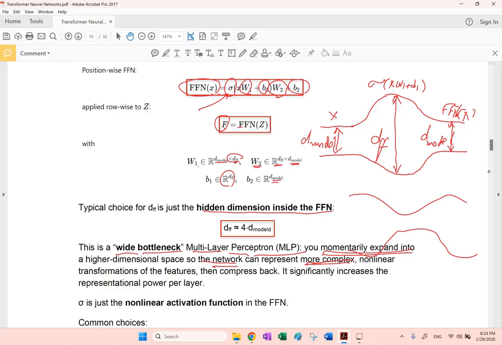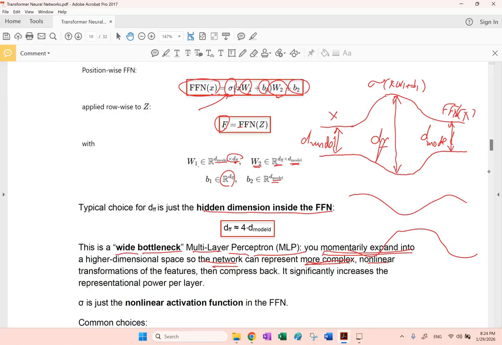And then by passing it through a nonlinear function, you're allowing it to capture even more transformations. Because if you don't use the sigma, then you can combine W1, B1, W2, B2 into a single W and B, right? And that basically does not do 2 things, it's just 1.